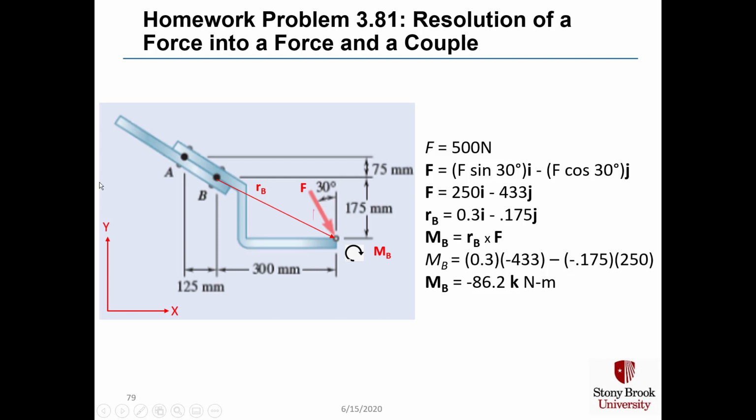It's 0.3 in i because this point here on the right is 0.3 meters to the right of point B, and it's minus 0.175 in j because the point here on the right is 0.175 meters below point B. When we take the cross product of r sub B and F, we get that M sub B is minus 86.2 Newton meters in the k direction, which means it's a clockwise moment.